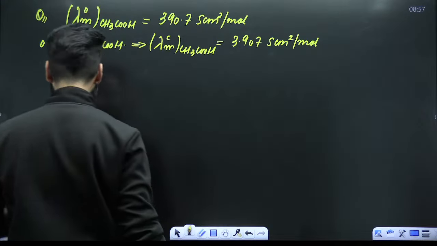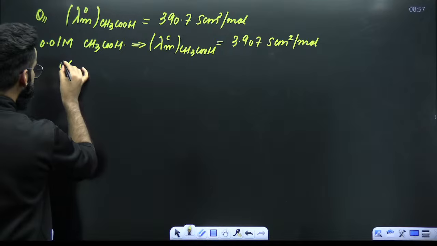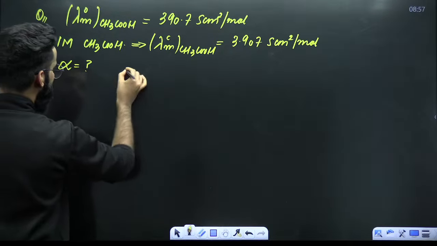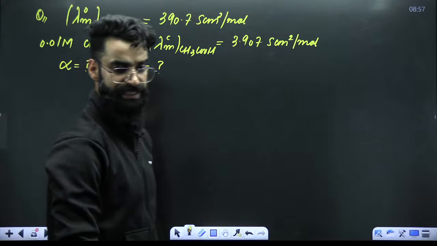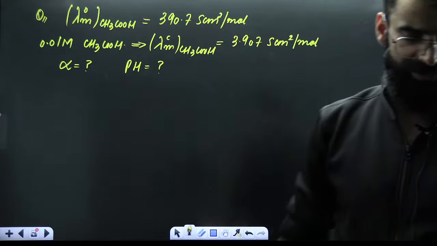What am I supposed to calculate? I'm supposed to calculate the degree of dissociation of CH3COOH, and at the same time, the pH of the solution. These are the two things I'm supposed to calculate. Can we give it a try?